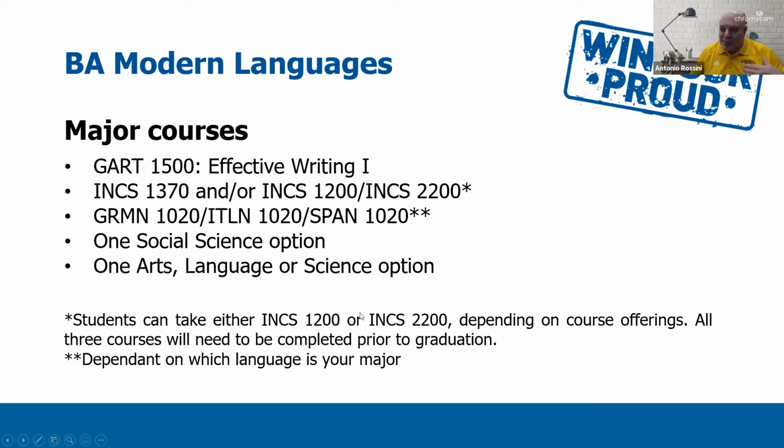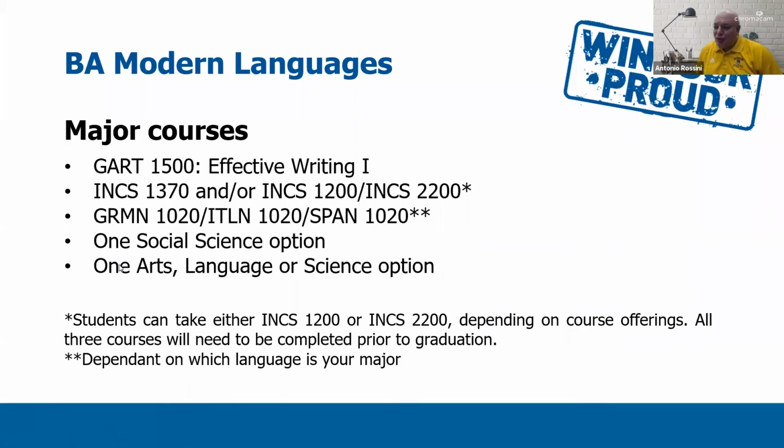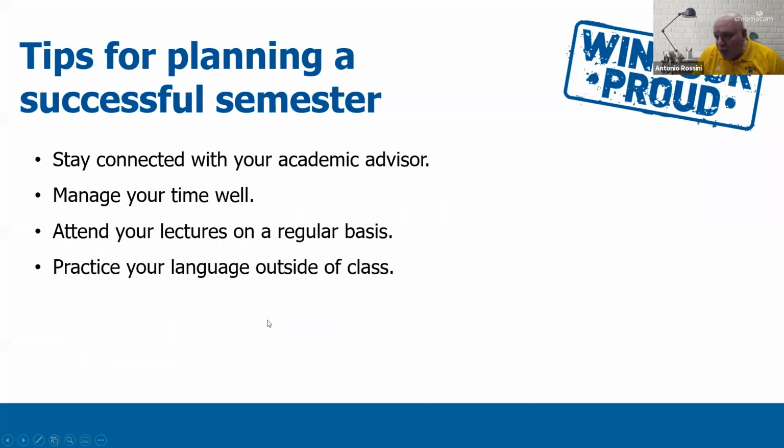Obviously, during the rest of the year, you will be able to take INCS 1200 if you have taken INCS 2200. So the one that you have not taken, you will take in the next semester. And then you will be also able to choose one social science option or one art and language or science option. All this will happen very smoothly, and I'm going to move to the tips for planning a successful semester.